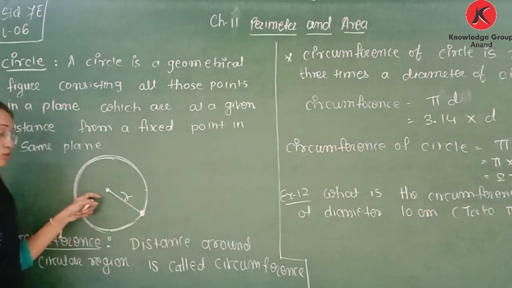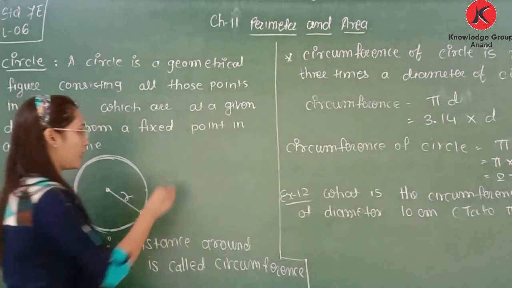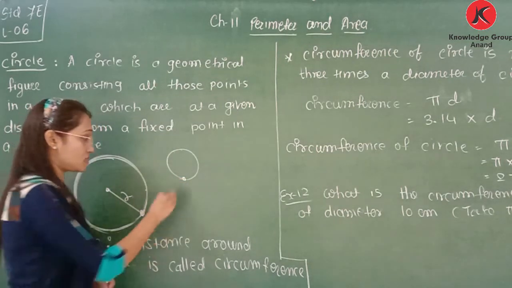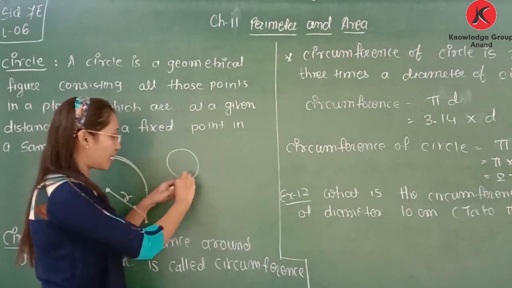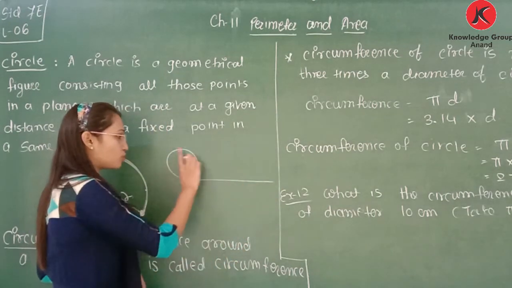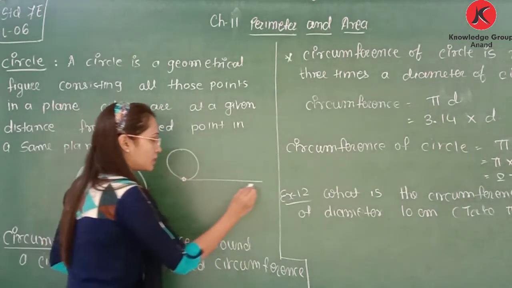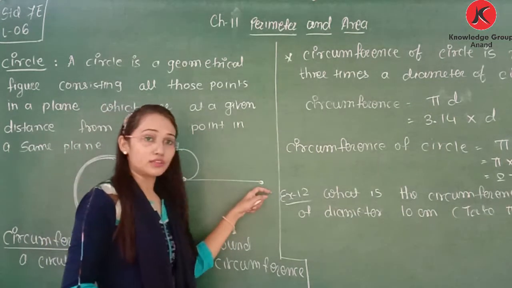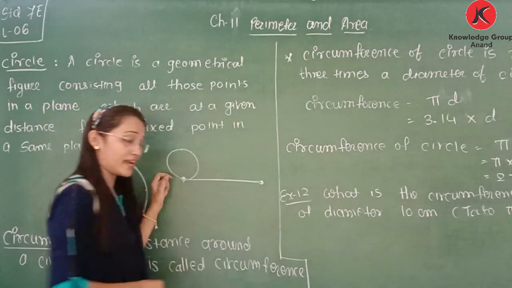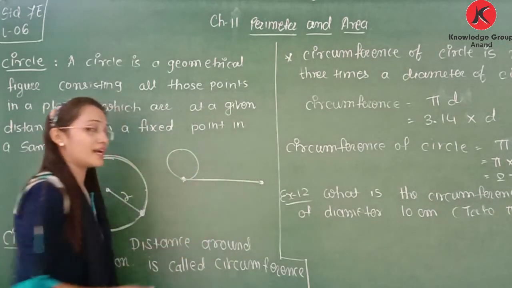To find it, if we take one ring and place it here, now try to move this ring along the straight path. When this point arrives here, this horizontal length becomes the circumference of the circle. Now we need to find this length, and that will be the circumference.